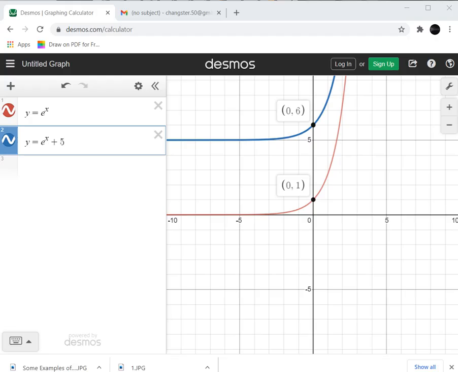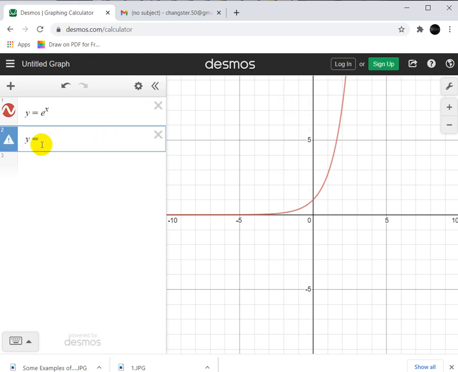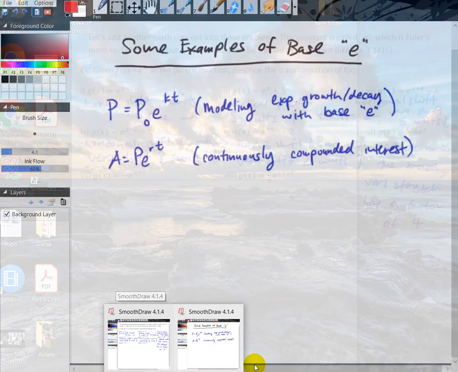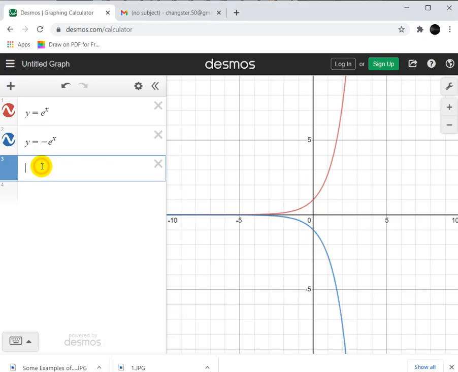And I can actually prove that to you really fast. Let's say we start off with our parent function, which is e raised to the power of x. If I put a negative sign in front, it flips it over the x-axis. And then if we put a 4 in front, let's say I create another graph so you guys can see it: negative 4 times e raised to the power of x.